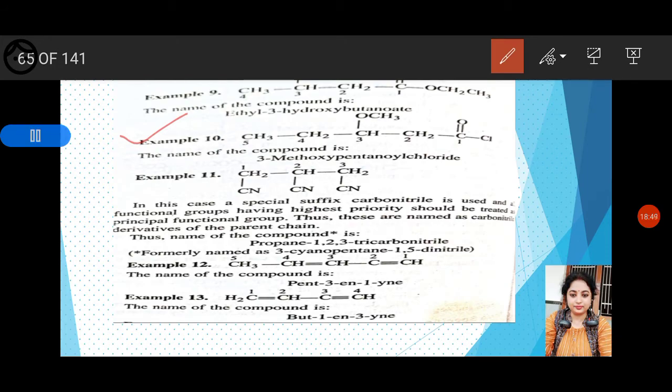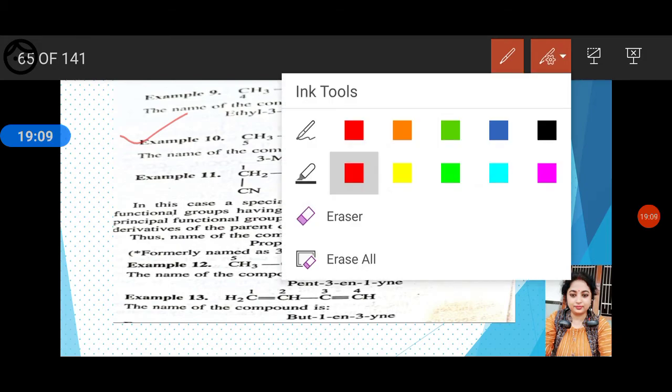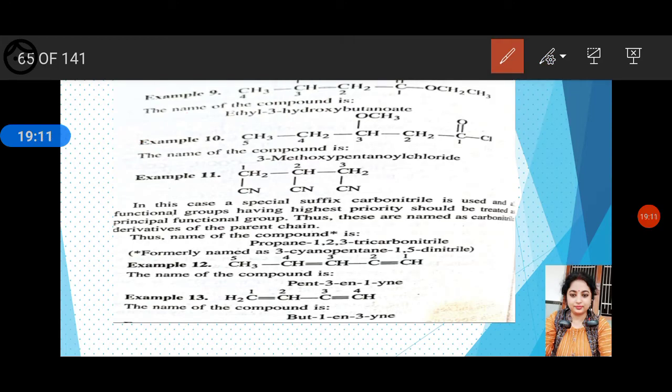See in this structure, we can see 2 functional groups. COCl. In the priority list, this is above this OCH3, so we will start giving numbers from this side. Numbering is correct. Like this only we will write the numbers 1, 2, 3, 4, 5.